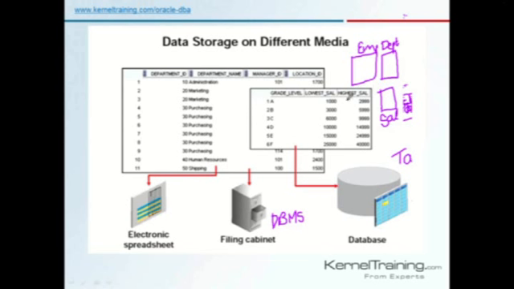Whenever I want to retrieve the information, I just form the relations between these tables and get the data. How do I get the relations between the tables? By using different concepts. By using joins, I can have the relation.